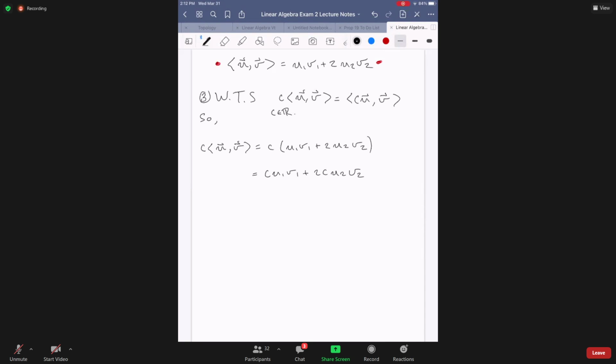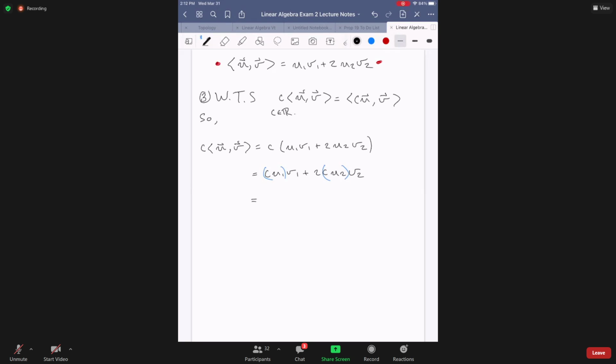Okay. So now what we can do is associate. These numbers are associative, right? So I'm going to associate this part and this part. Remember, real numbers are associative with multiplication, so it doesn't matter which one you do first.